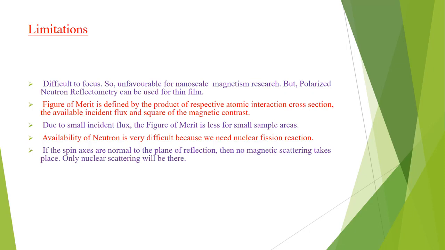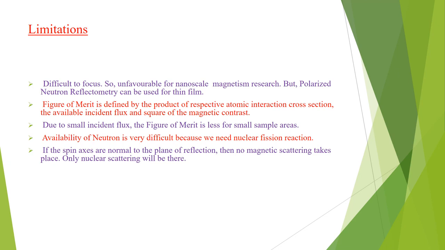Figure of merit is defined by the product of the respective atomic interaction, the cross section, and the available incident flux and square of the magnetic contrast. Due to small incident flux, the figure of merit is less for small sample areas.